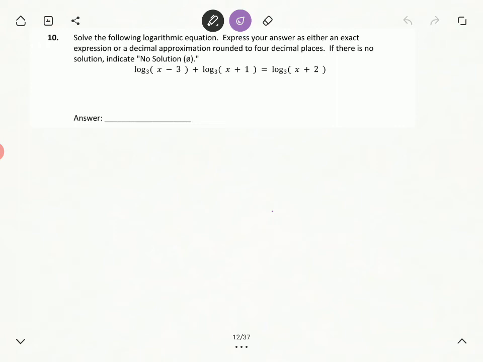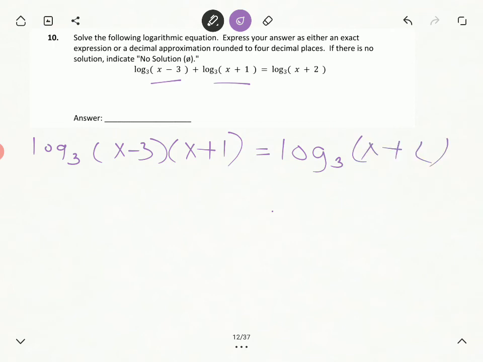We subtract the x and the 2 from the right-hand side. And we end up with x squared minus 3x minus 5 is equal to 0. So this one, I'm going to throw it in the quadratic formula. And at the end, we're going to check it, because not everything works. You can't get a negative inside of your log here. So if you get a negative value, that's going to make this negative. So the negative number is not going to work.